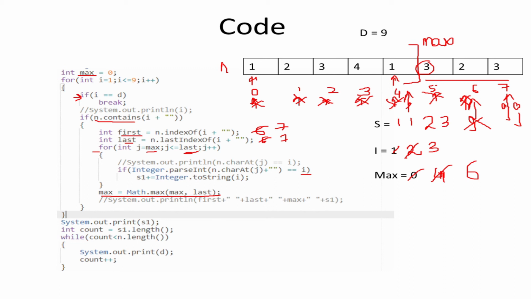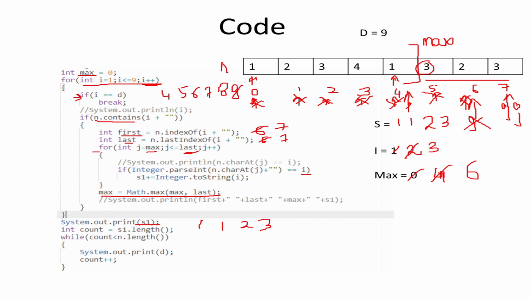Now we have reached the end, but this for loop will continue, as this will not give us any time limit exceeded. So I have continued this for loop. It will go on for 4, 5, 6, 7 and 8, and when the value of i becomes 9, this loop will terminate, and here we will print the value of s1, that is 1, 1, 2, 3.